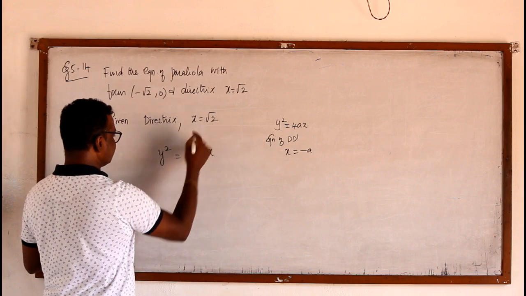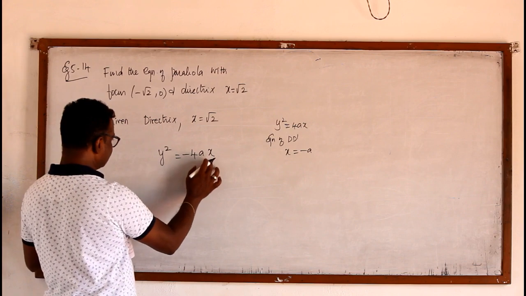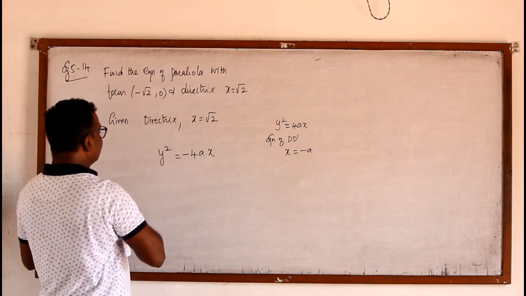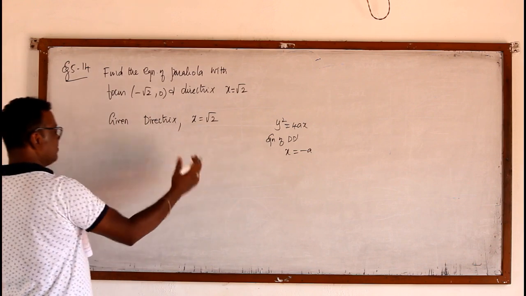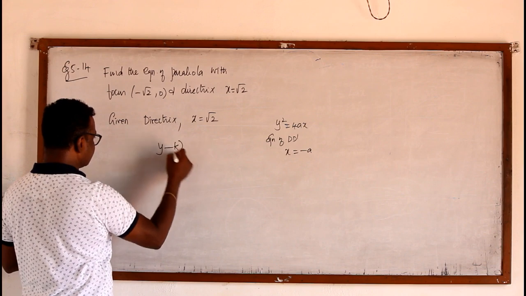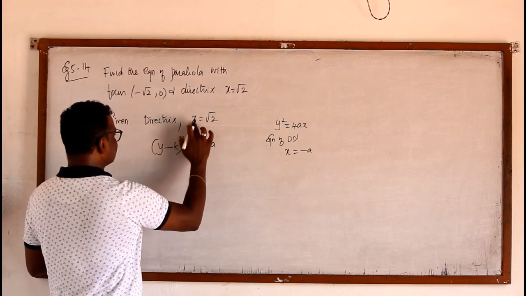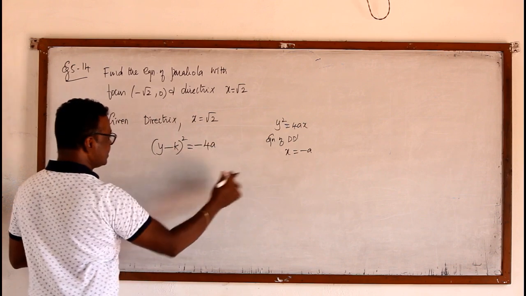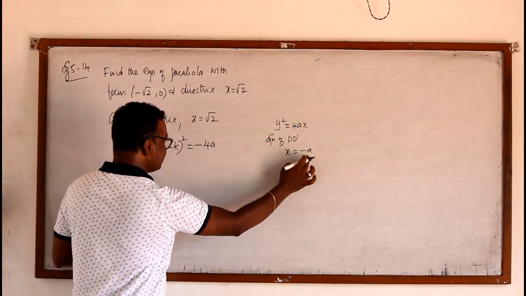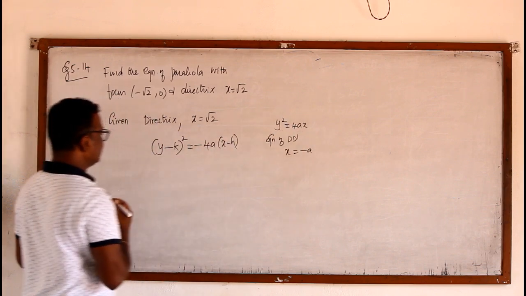If it is plus, here I will get minus. This is the format. Before going to this format, remember the nature of the equation: hereafter we are going to write it as y minus k the whole square equal to, since it is plus a, minus 4a into x minus h.